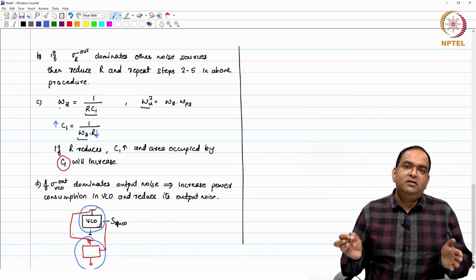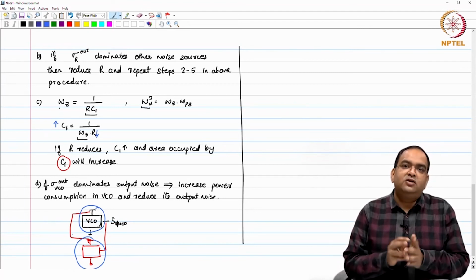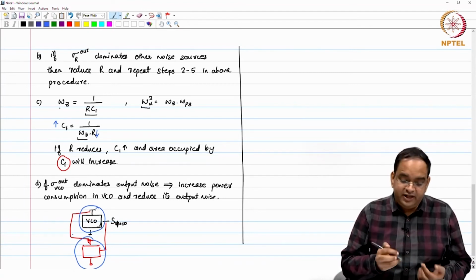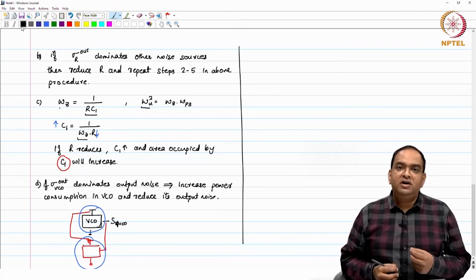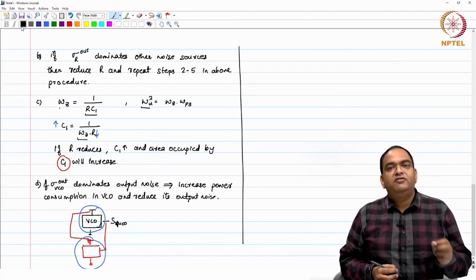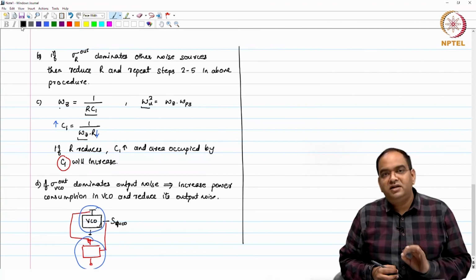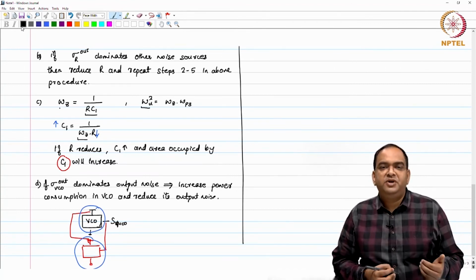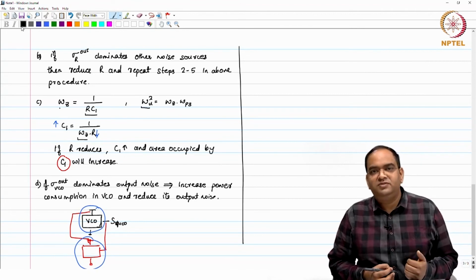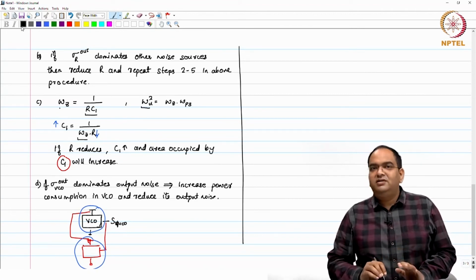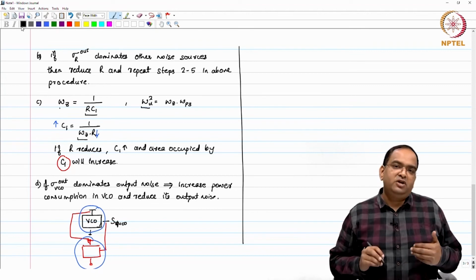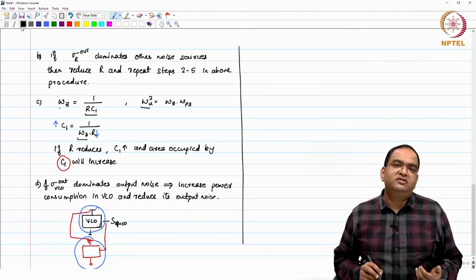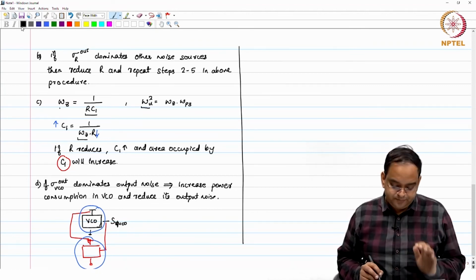So if I club them together, the oscillation frequency will not change, the power consumption will double and the phase noise will reduce by 3 dB. We will see the relationship between the noise in the oscillator and the power consumption later, but in general it is true that if you double the power consumption, your phase noise improves by 3 dB.